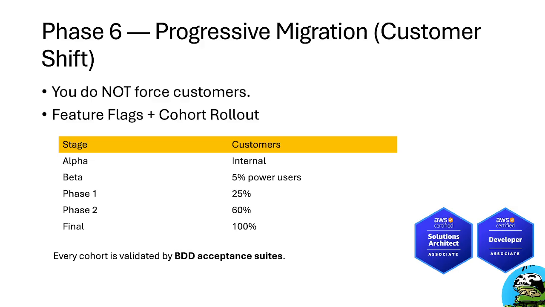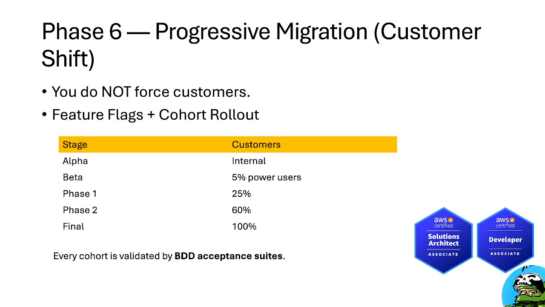Then phase 1 is 25% of the users using the new web app. Phase 2 is 60%, and the final part, which is our target of 6 months, is 80%. So 100% is maybe after 8 months, when we have all the users migrated to our new web application.